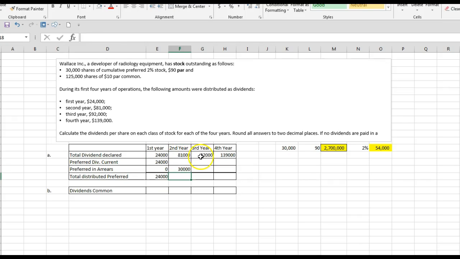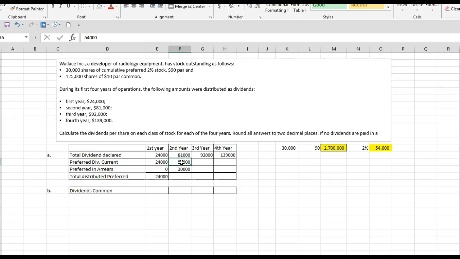The next year, there's an $81,000 dividend. Well, we've got 54,000 we have to pay here, and we are 30,000 in the hole. We have a problem, right? Because 84 is more than 81.